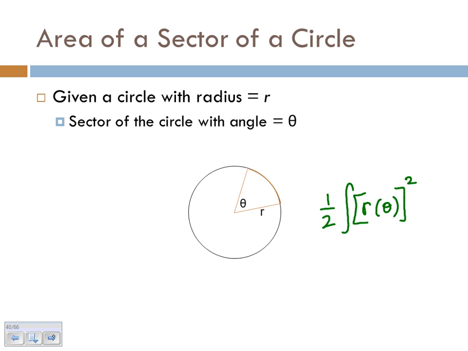So you're right with the 1/2. Okay. And then we're going to go from like alpha to beta. So like a to b because they're angles. So we can label those alpha to beta. And we're in a function of theta, so d theta.